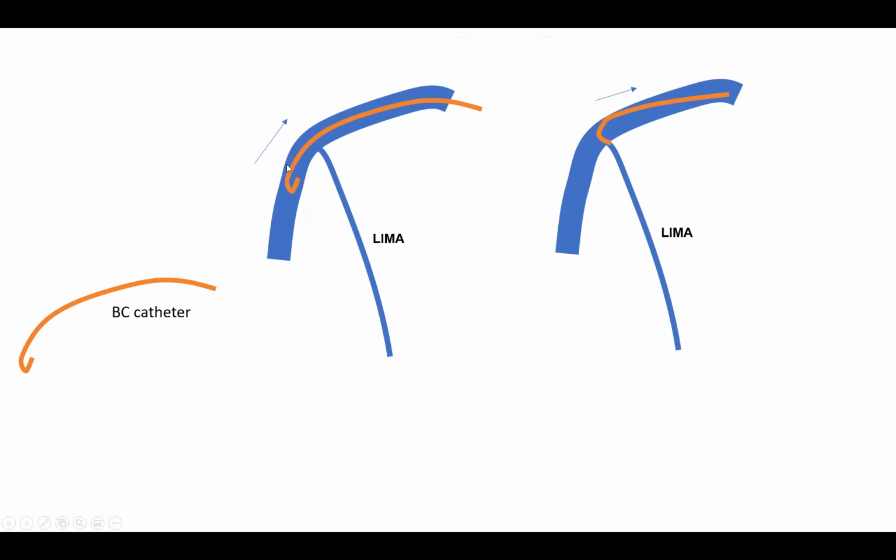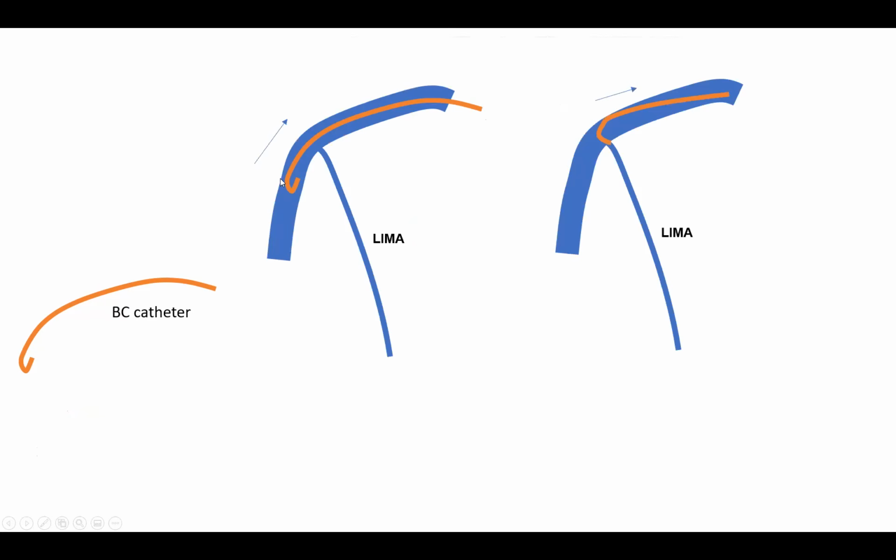Typically, when you're going from left radial, you need a catheter that is sharper than an IM. You need to go down with a very sharp catheter, then pull back. And as you're pulling back, you hook the LIMA and elongate that catheter. If you go with an IM catheter that is sharp, but not sharp enough, as you're pulling it back, it will elongate and it will point too much in this direction.